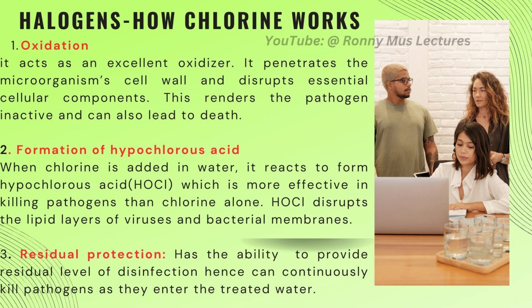It also works through formation of hypochlorous acid, whereby when it is added in water, it reacts to form hypochlorous acid, which is more effective in killing pathogens than chlorine alone. Hypochlorous acid disrupts the lipid layers of viruses and bacterial membranes. It also acts through residual protection, whereby it has the ability to provide residual level of disinfection, hence can continuously kill pathogens as they enter the treated water.